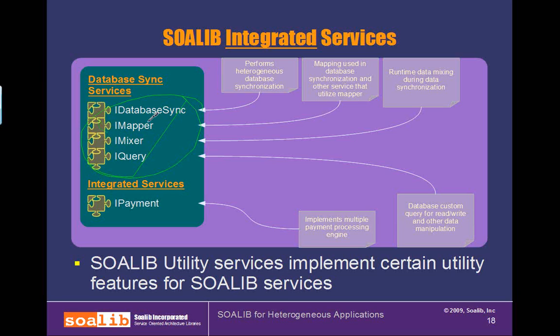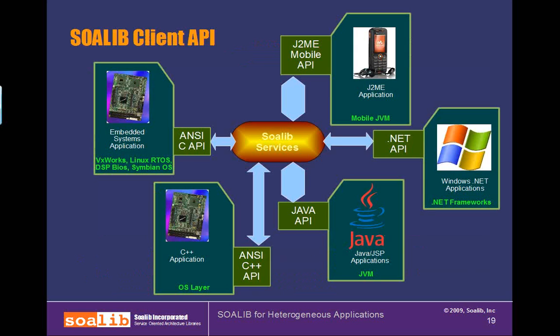When you create a mapper using this, data can be mixed with other data. So if you want to concatenate, or do some computation, it can be done with Mixer, and Query is a data access level API. And finally, Payment is a payment processing engine, like if you want to process credit cards.